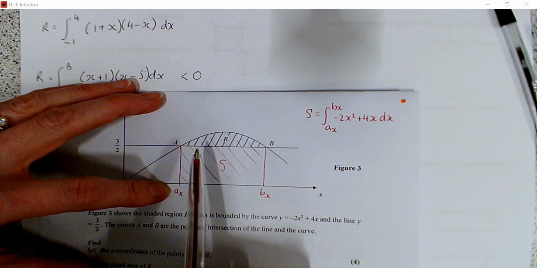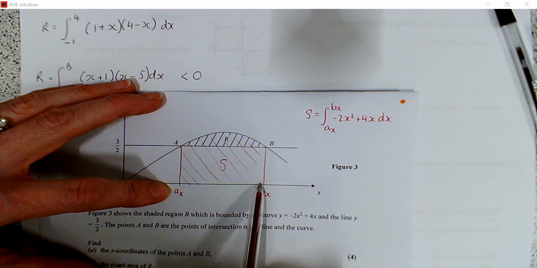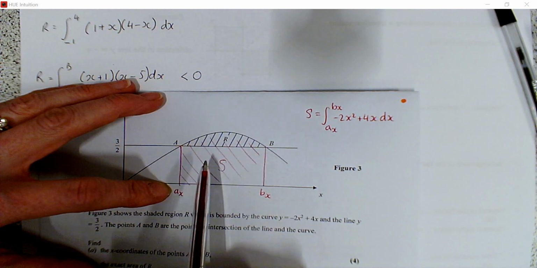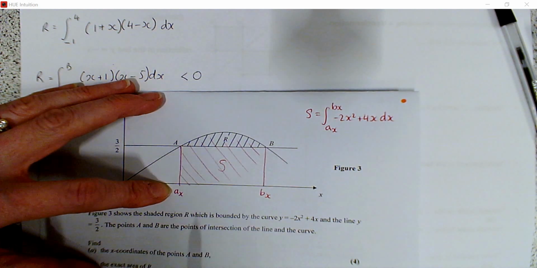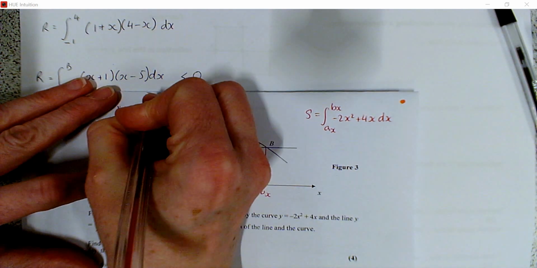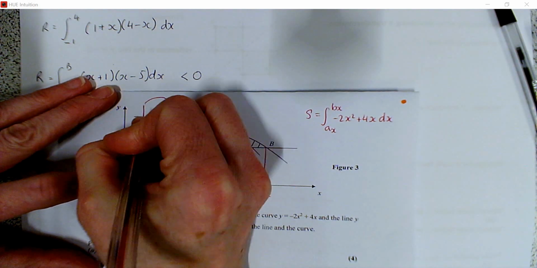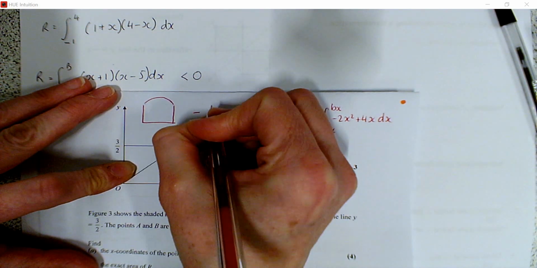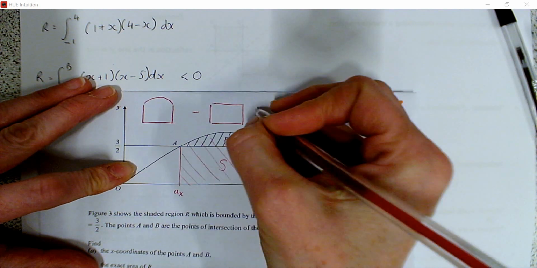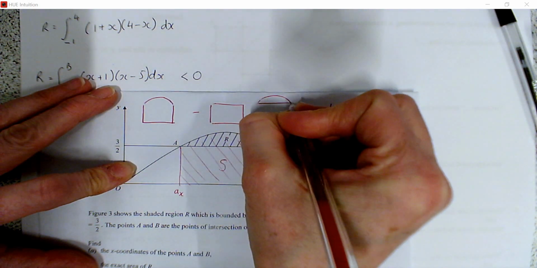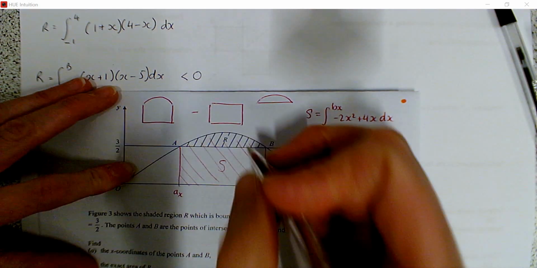So then I'd want to take off this bit that's only red and not red and black, so that I'm left with the black bit. So I'm doing the whole cake shape, take away the rectangle, will leave me with that floating segment shape.